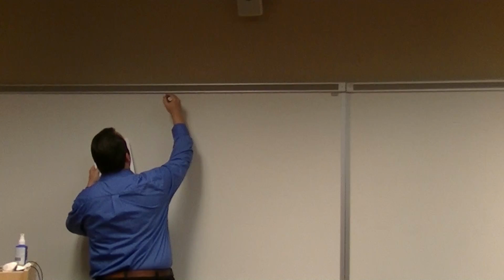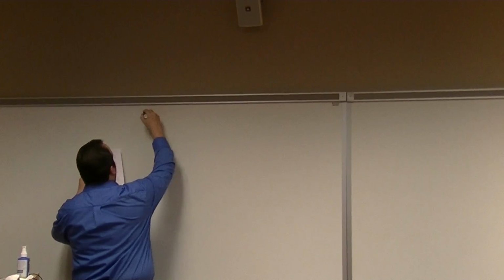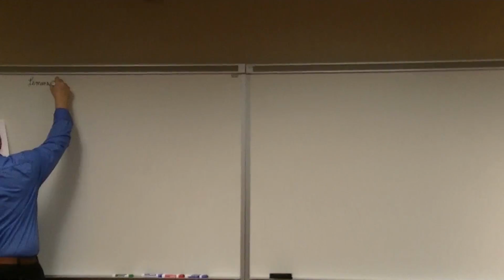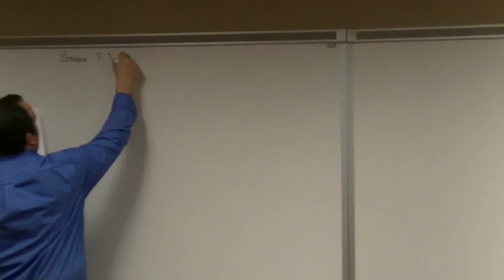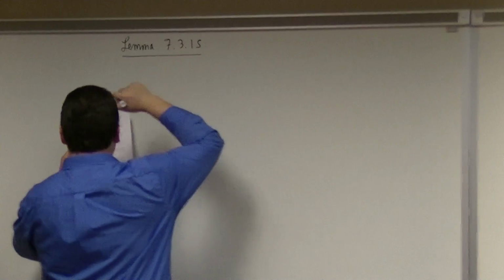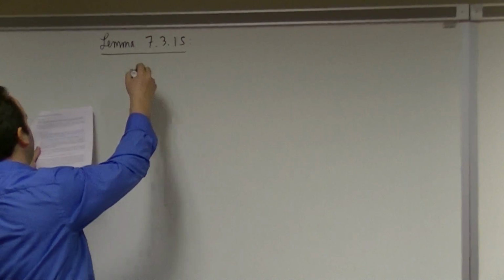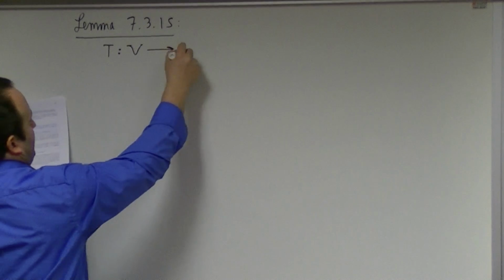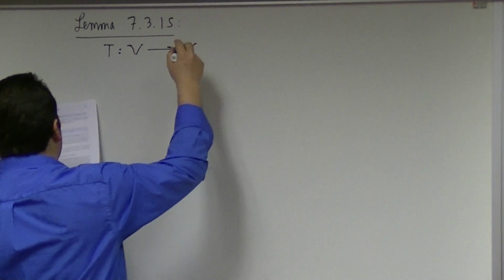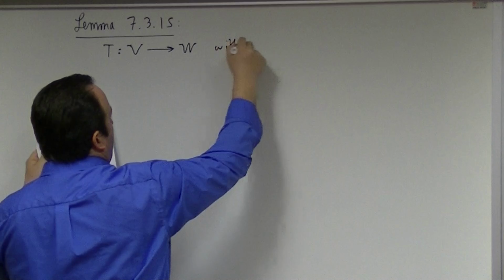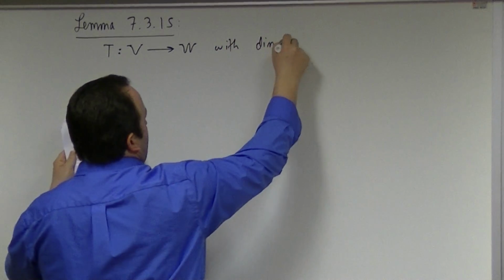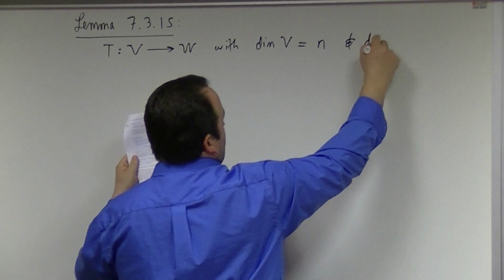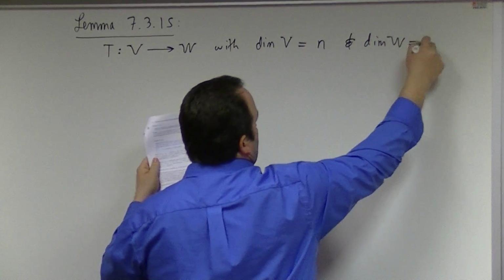So here was one of the little bits that was hanging from the last section, lemma 7.3.15. This lemma concerns a linear transformation T from vector space V to vector space W, with dimension of V equal to n and the dimension of W equal to m.